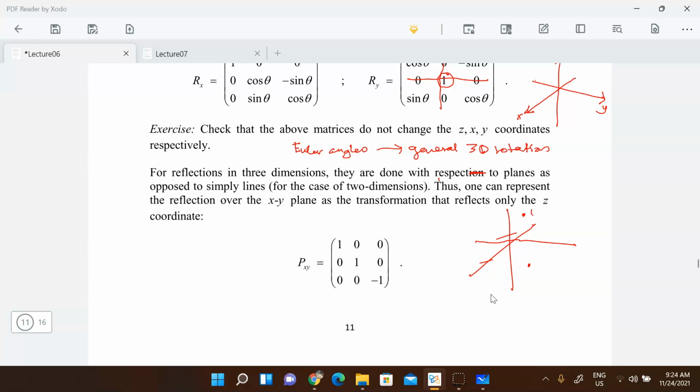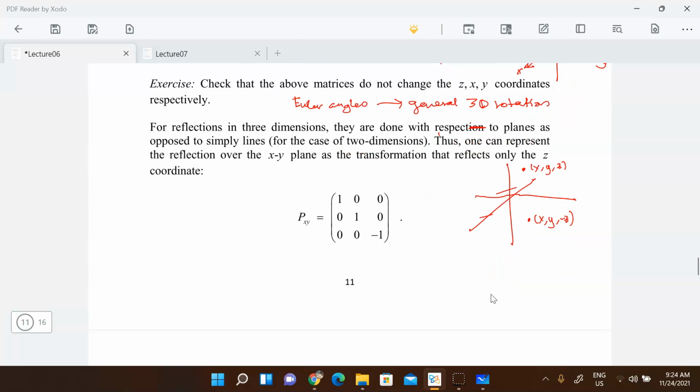So this is x, y, z, and it goes to x, y, minus z. So the matrix will be in this particular form, 1, 1, minus 1.